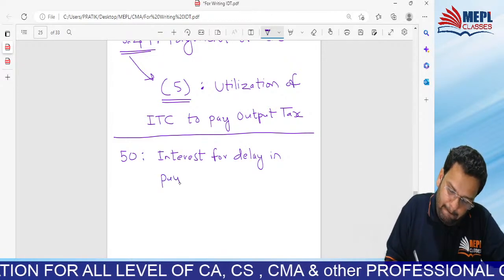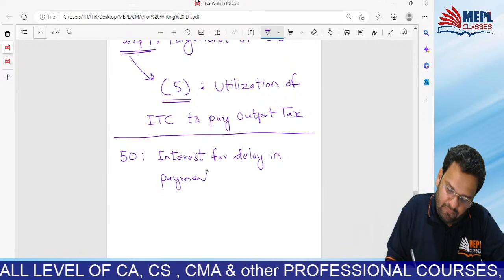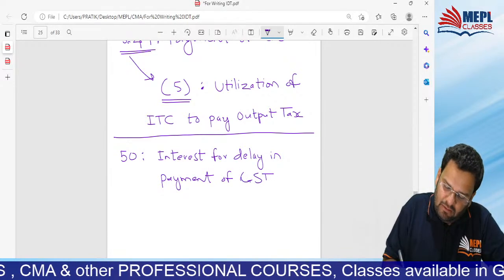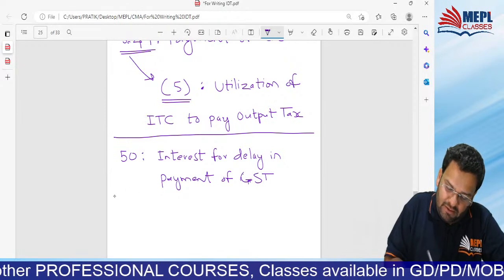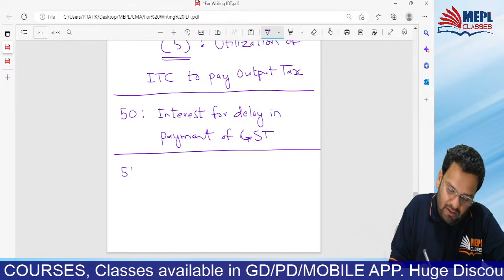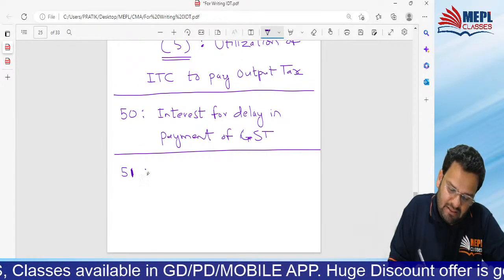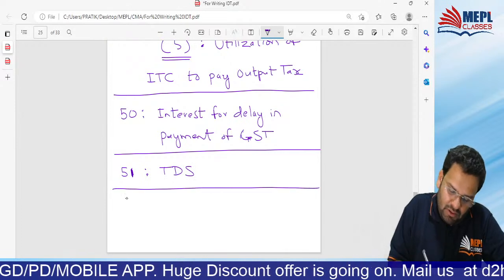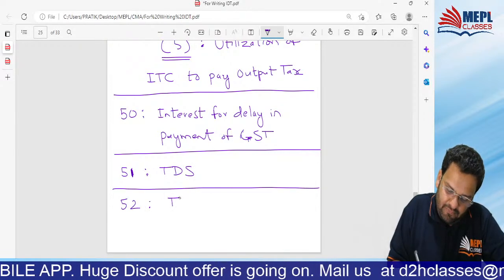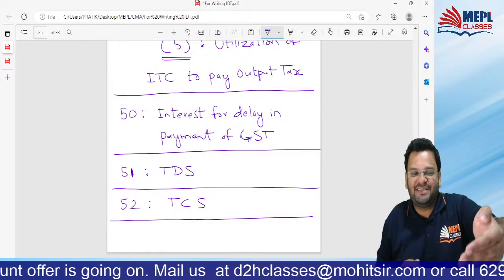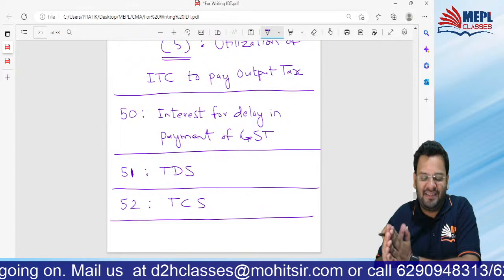Then 51 is TDS under GST, and 52 is TCS under GST. Okay, TDS under GST and TCS under GST.